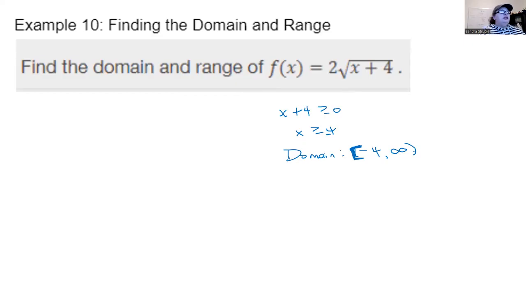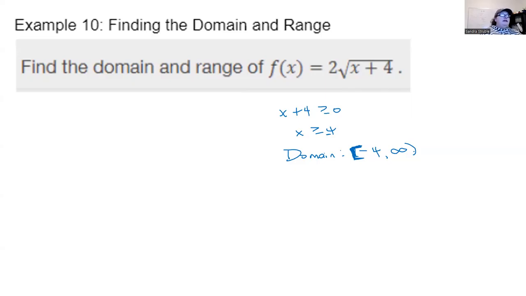What is my range going to look like here? Will I ever have a negative number that comes out of that? No, I won't, because 2 is already positive, and underneath my radical, I'll never have anything that's going to provide me a negative number. So there will be no negative numbers in my answer.